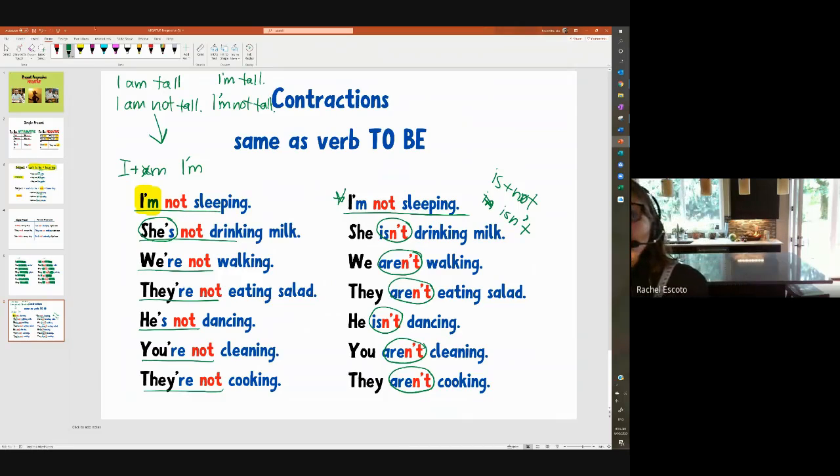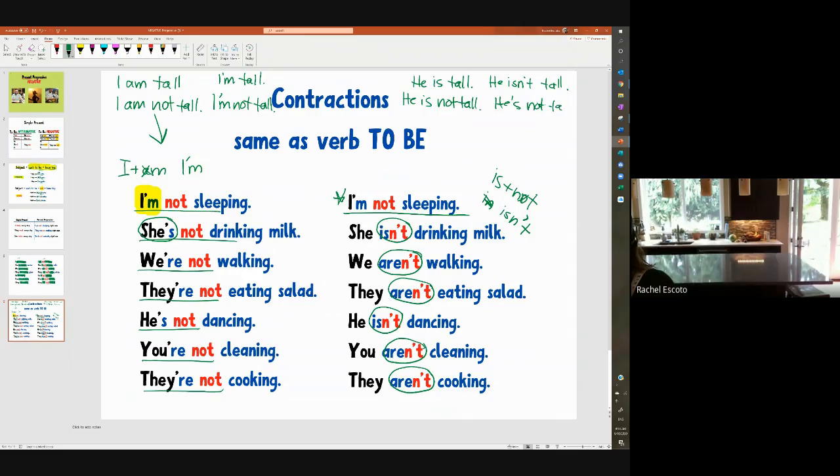And over here, we could say he is tall. He is not tall. And we can say two different ways. We can say the contraction, he isn't tall, or he's not tall. Same as it ever was. No difference. And then I want to show you one more slide.